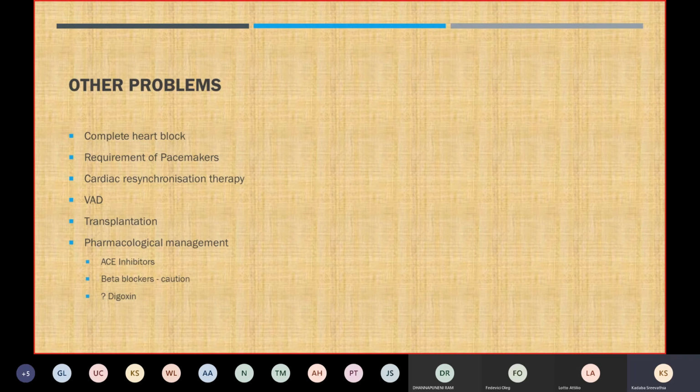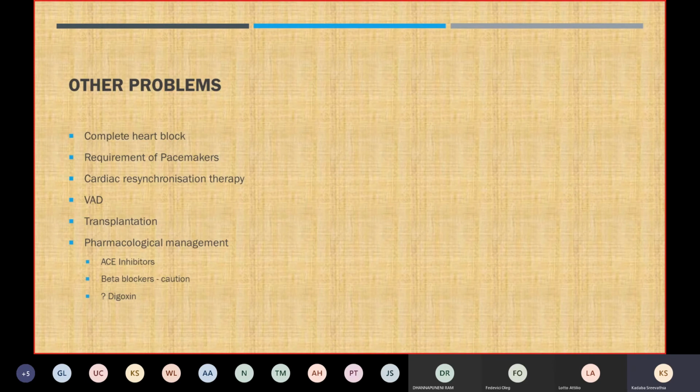However, implantation of an LVAD in a systemic right ventricle is not easy, but it can be done as well. Transplantation may be the long-term option either for failing hearts without surgery, or if the hearts do fail even after a physiological repair or an anatomical repair over the long term.